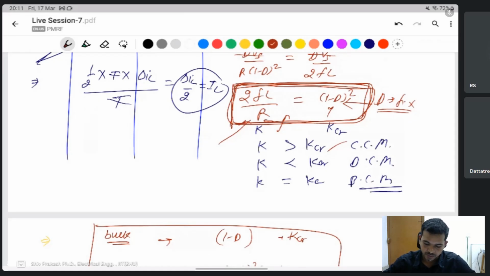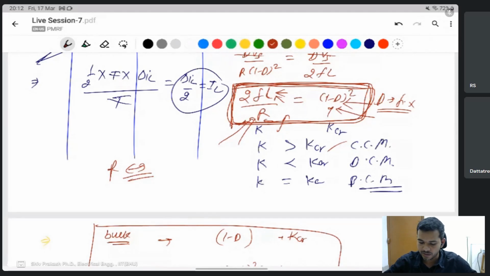You design for R in a range of load where you want to operate, and the duty ratio is determined from input voltage and output voltage. The main affected value is the inductance. What will you put as the inductance? Because once you design an inductor, you can't change it.